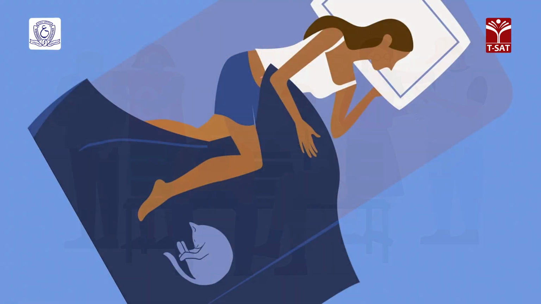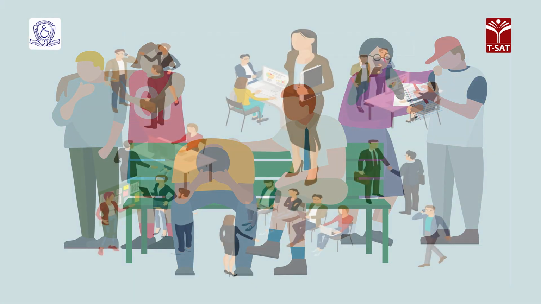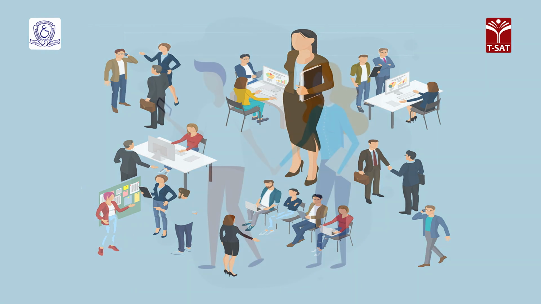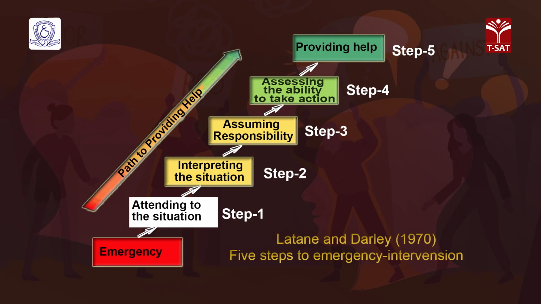The most important point is that when people are preoccupied by personal concerns, they pay less attention to what is going on around them. For example, if you are very stressed about your examination, you hardly notice anything happening around you. A field study was conducted by Darley and Batson in 1973 to test the importance of this particular step in the decision making process.